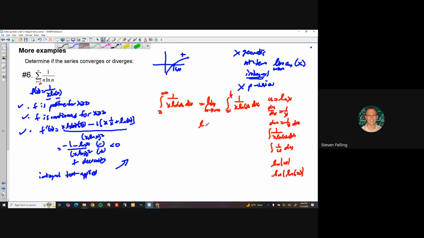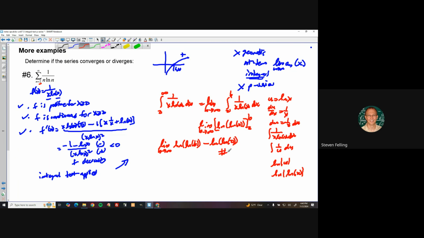So we're going to take the limit as b approaches infinity of the natural log of natural log of x from 2 to b. So that's going to be limit as b approaches infinity of natural log of natural log of b, minus the natural log of natural log of 2.